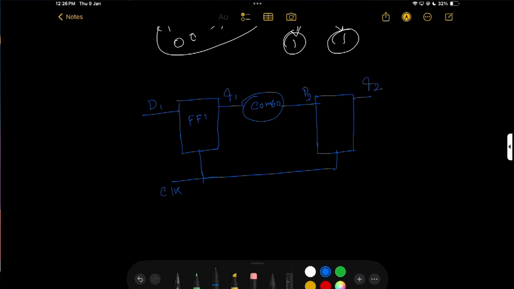Here is the clock, and suppose my clock to Q delay, I give some number. This clock to Q delay is T1, and that is max, and combo T2 is also max.